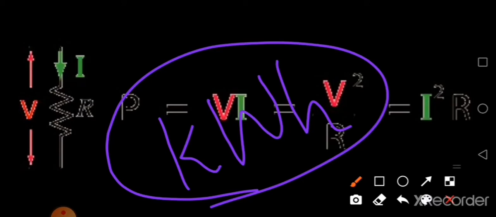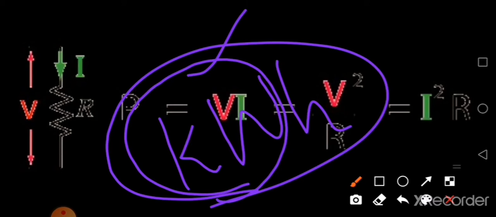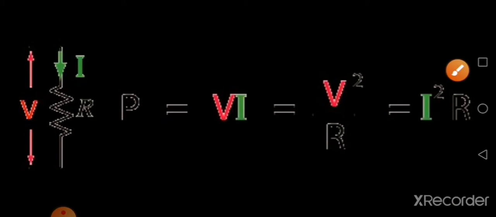Now 1 watt hour is the electrical energy consumed by an appliance having power 1 watt when it is used for 1 hour. Kilowatt hour means the electrical energy consumed by an appliance of power 1 kilowatt when it is used for 1 hour. So these are all about the commercial unit.